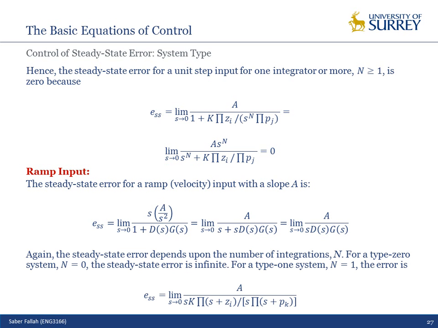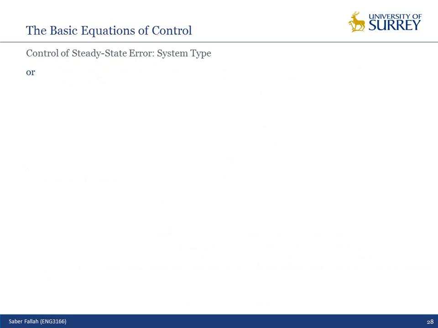So again, as we discussed, the steady state error will be A over Kv, where Kv is the velocity constant. We just defined Kv. If Kv is 0, we have infinite steady state error, which is totally out of order.